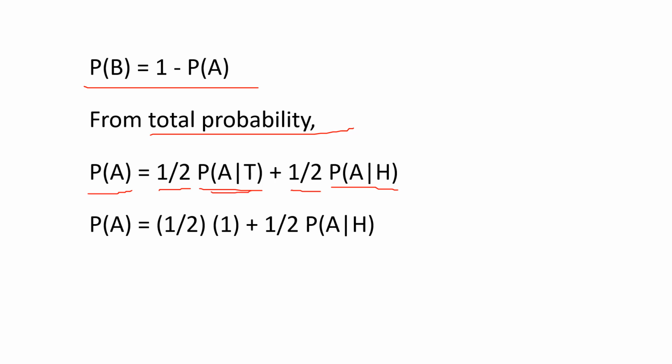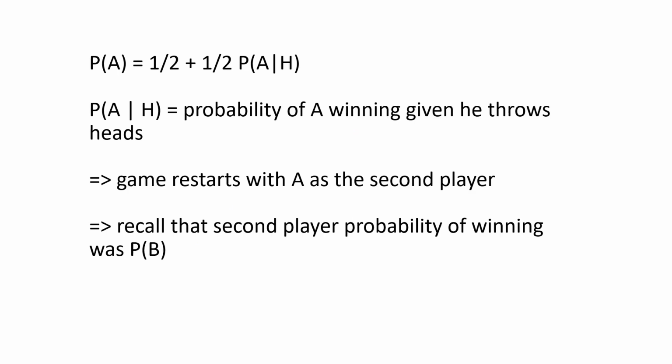Probability of A winning given A tossed tails would be 1, that is A will win the game if he tosses tails. So the first expression becomes 1 by 2 times 1 plus 1 by 2 times probability of A winning given that A tossed heads.